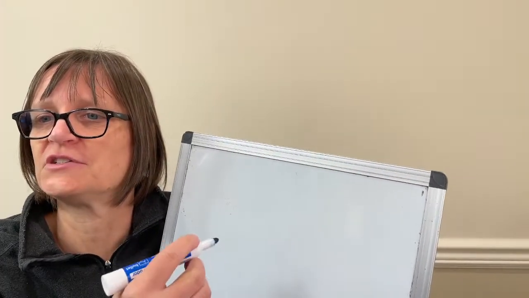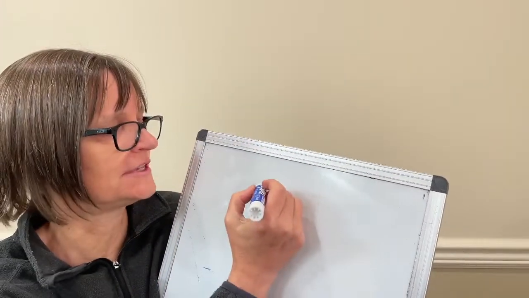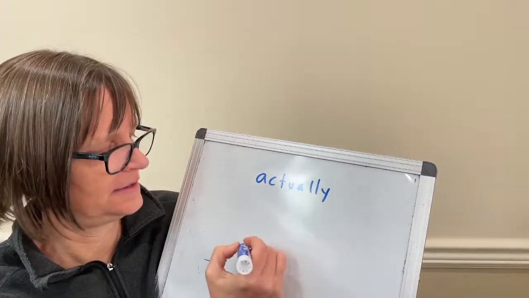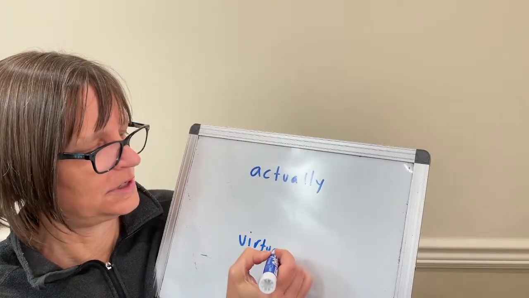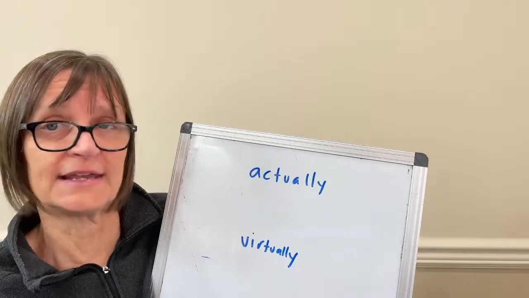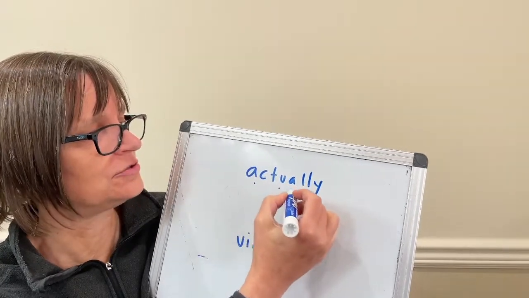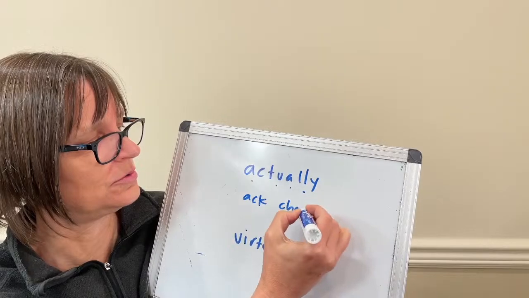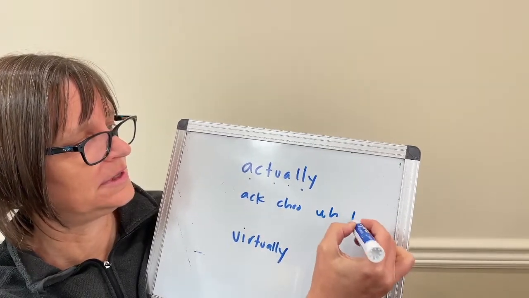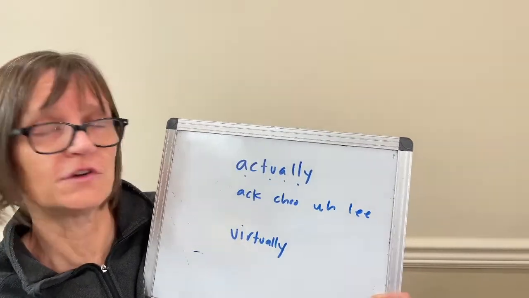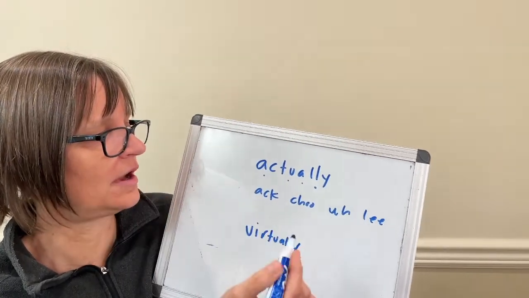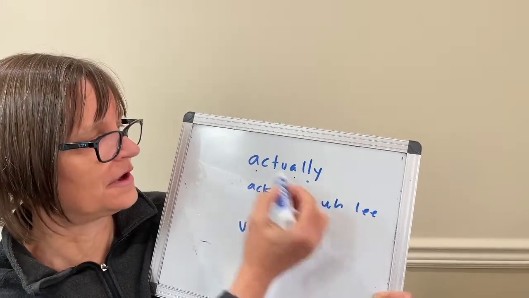We have the question about "actually" and "virtually." So, actually, virtually. I can say it as "actually," that's the full version. People will often actually say this without the T sound.